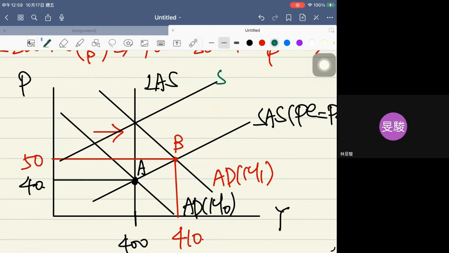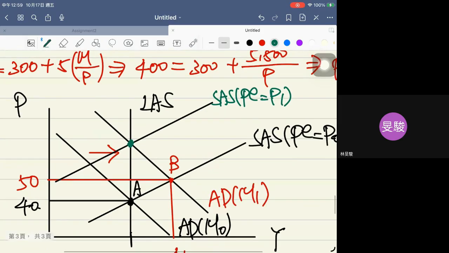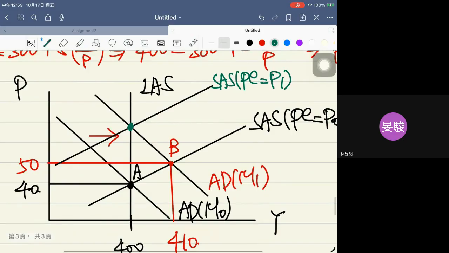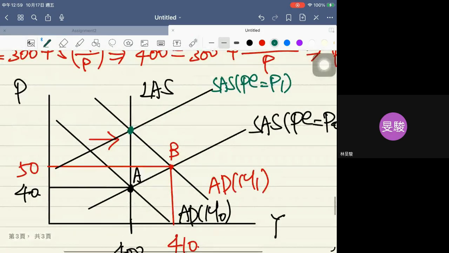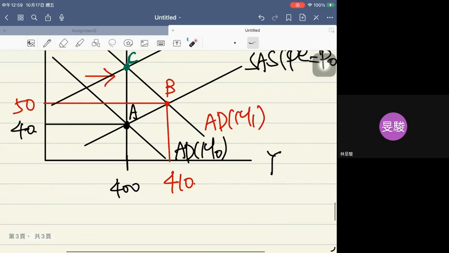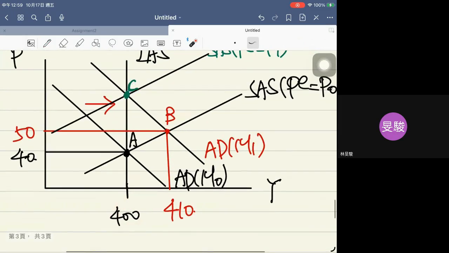This SAS, PE equal to PE1. Okay. And in the long run, the point within it intersect in point C, the real output unchanged, but your price level rise.